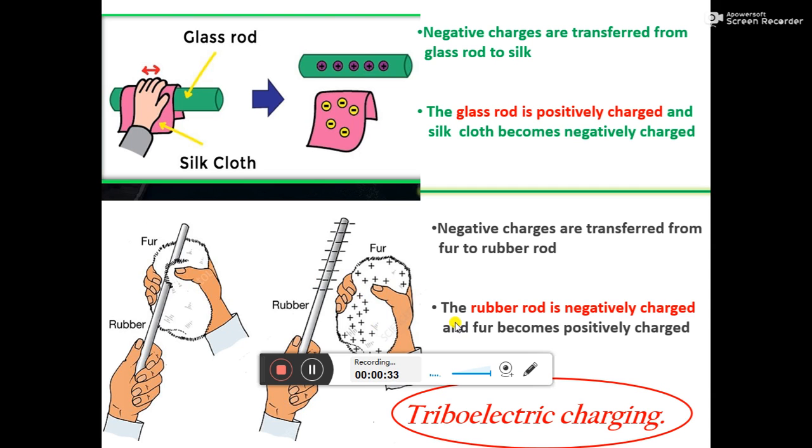As a result, the rubber rod is negatively charged and the fur becomes positively charged. It leads to the conclusion that charges are neither created nor destroyed but can only be transferred from one object to other. This is called conservation of total charges.